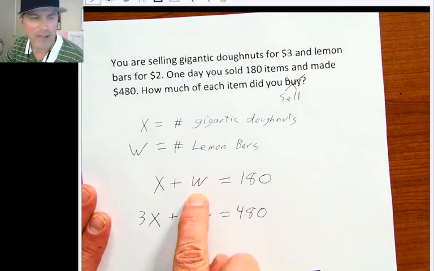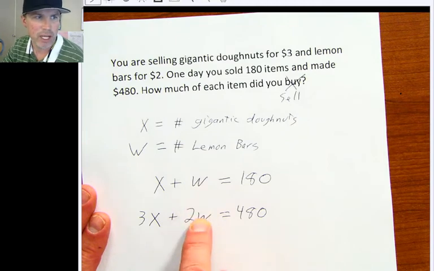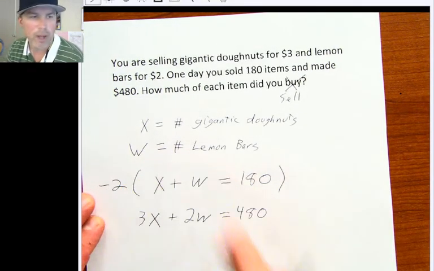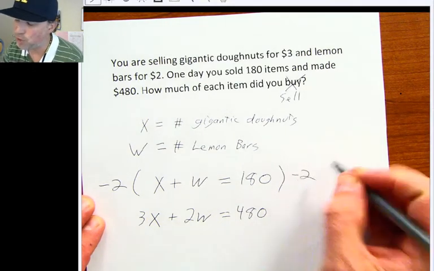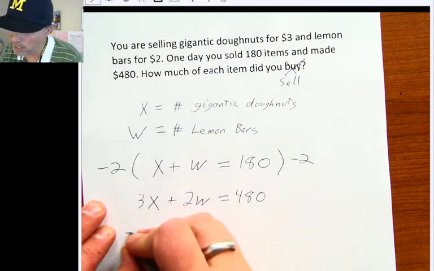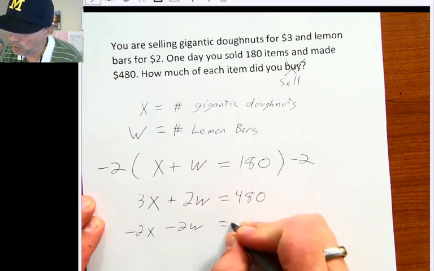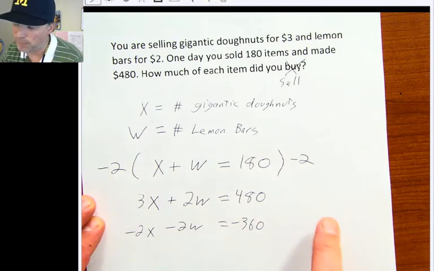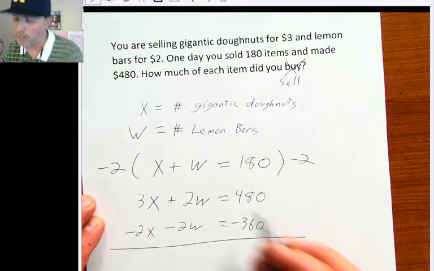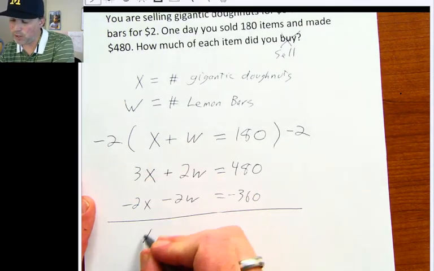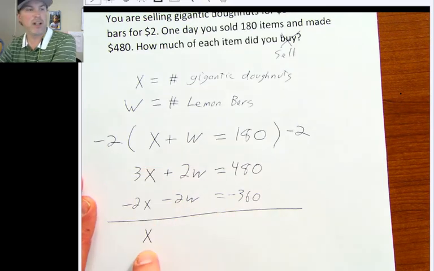I noticed that I have a single W here and a 2W here. So if I multiply everything in the first equation by -2, I get negative 2x minus 2w equals negative 360. And then now I have a 2w and a negative 2w. And when I add these two equations, I end up with x. Nice.